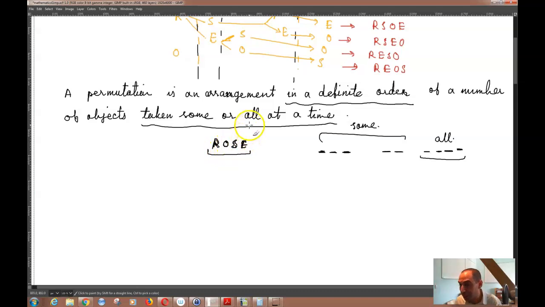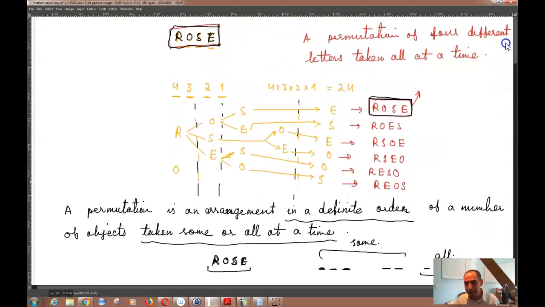You cannot do that. Okay. So that's the definition of permutation.